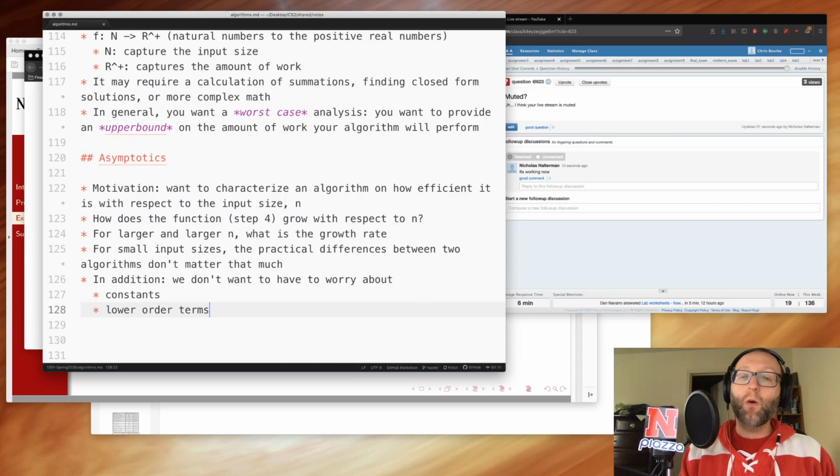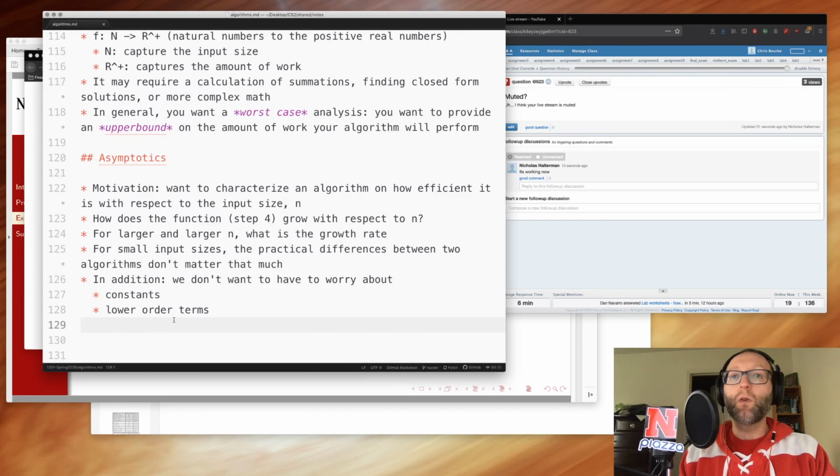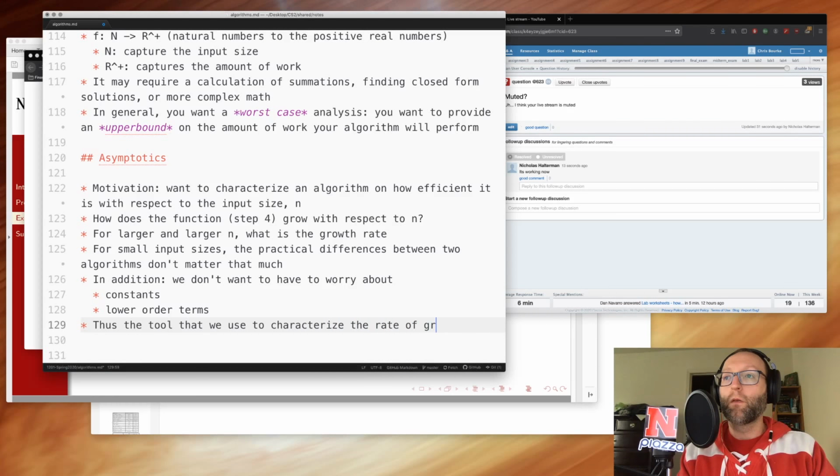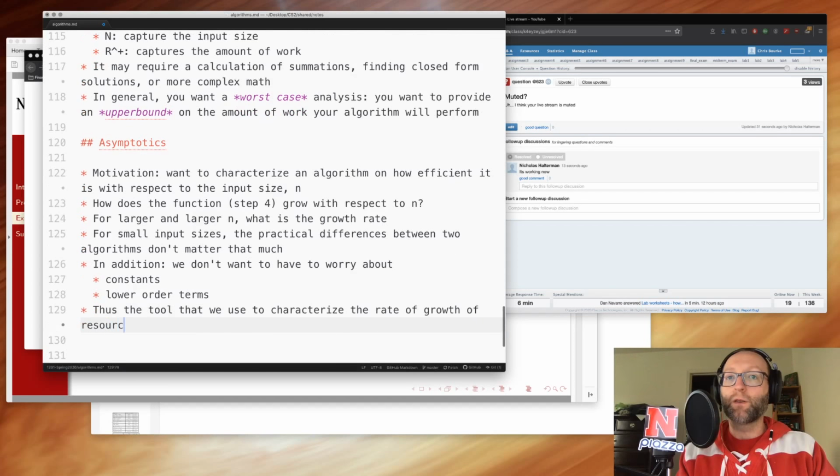Those constants we don't want to have to worry about because, again, we can always improve our hardware and get those constants down a little bit more. So the way that we can achieve this, thus the tool that we use to characterize the rate of growth of resource functions.